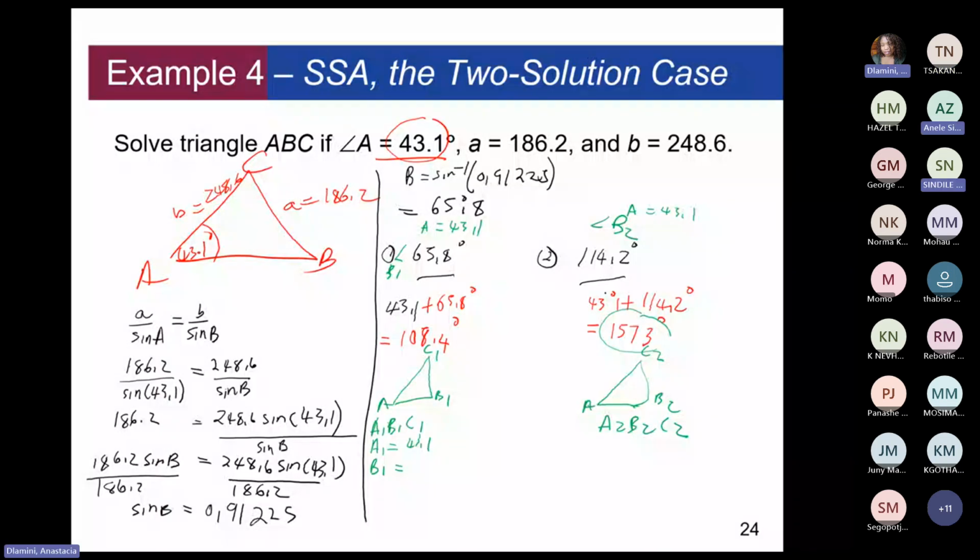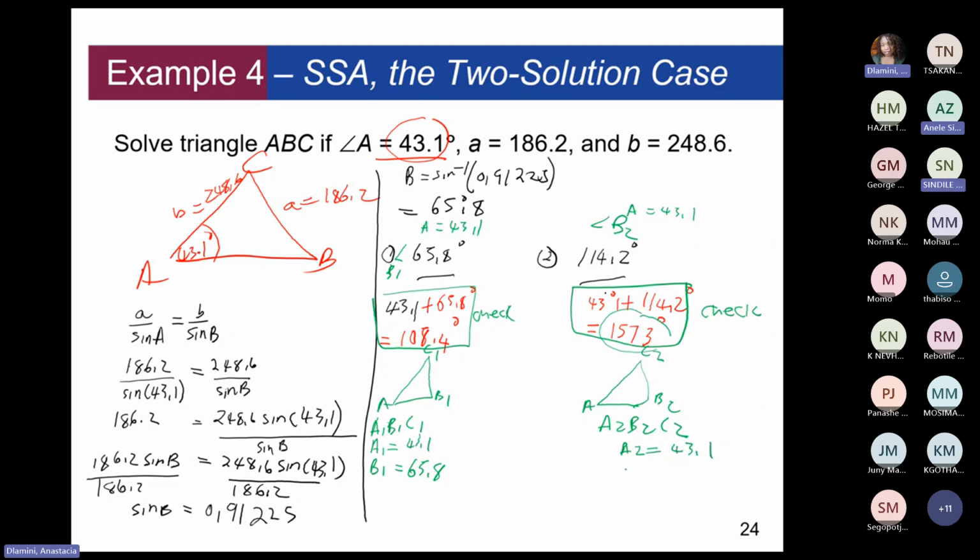Why is it 108? We were checking here. Don't use this. This part we were checking if it can be. Wow. That's where the ambiguity comes. 65.8. So it's 65.8 then. Thank you. Here A1, A2 is equal to 43.1.